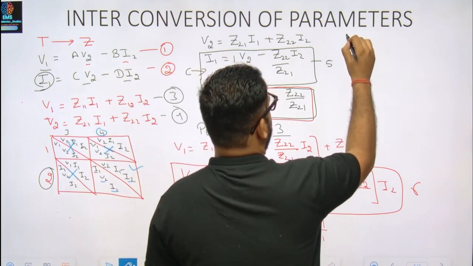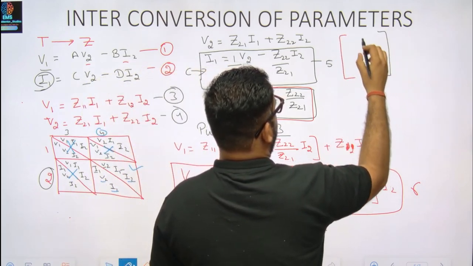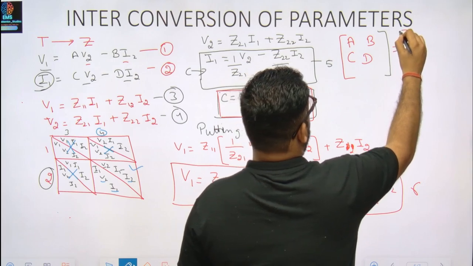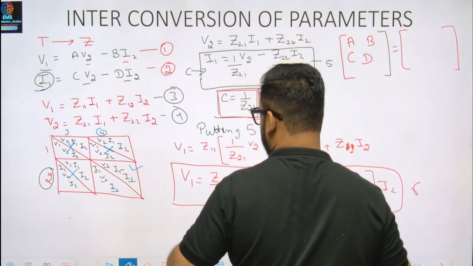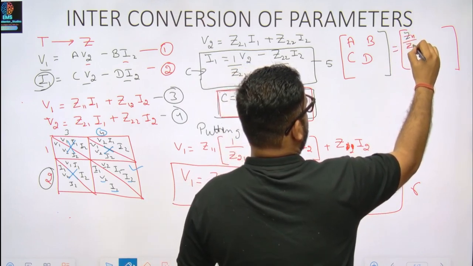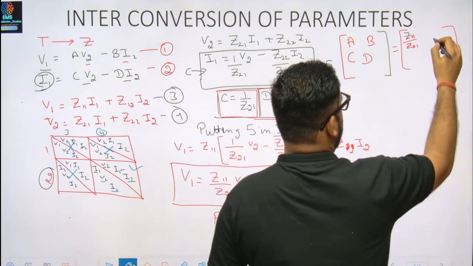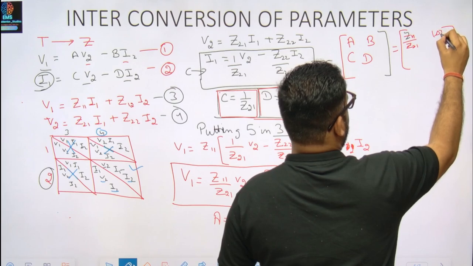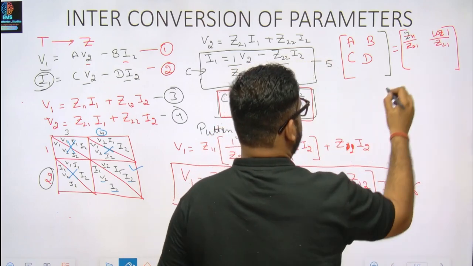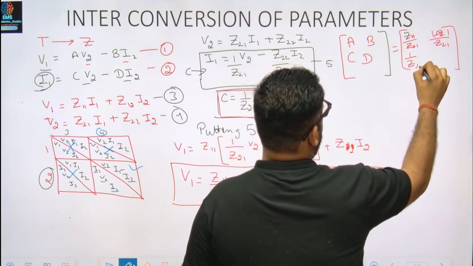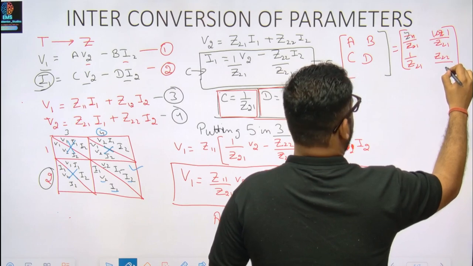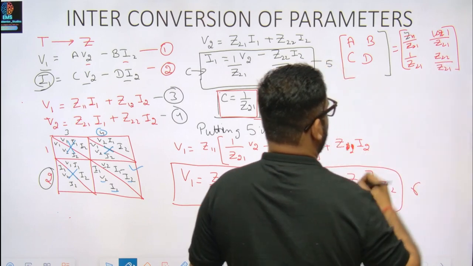So what does this convergence say? This convergence says if I have an ABCD parameter, this in terms of Z can be written as A is equals to Z11 by Z21, B is equals to determinant of Z by Z21, C is 1 by Z21 and D is Z22 by Z21.